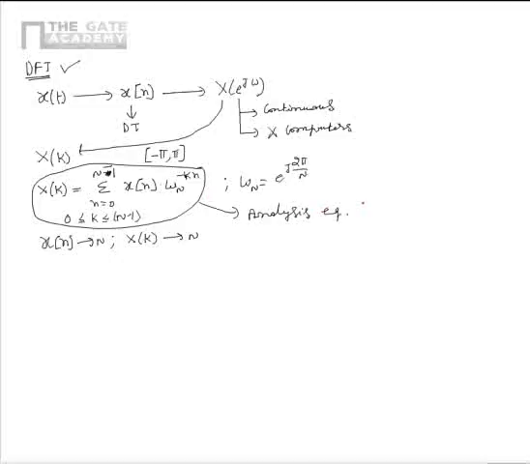Now we write the synthesis equation, which is mainly to get the original signal x(n) back from the given DFT: x(n) equals 1 by N sigma k equals 0 to N minus 1 X(k) multiplied by W_N power kn.